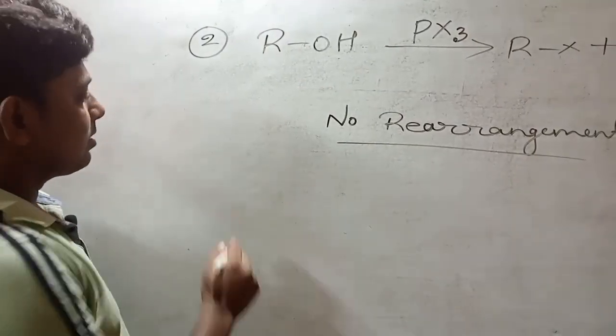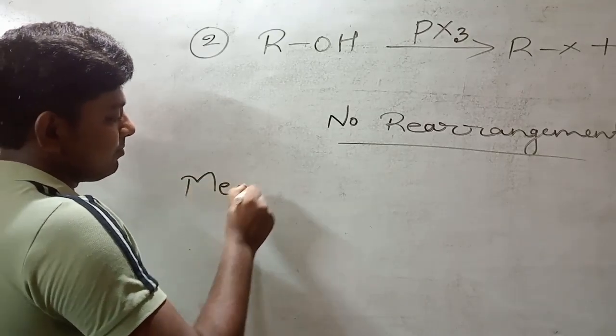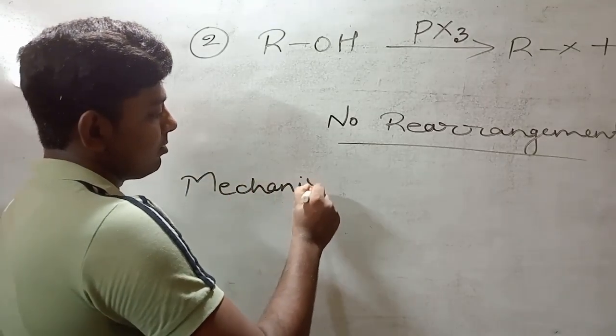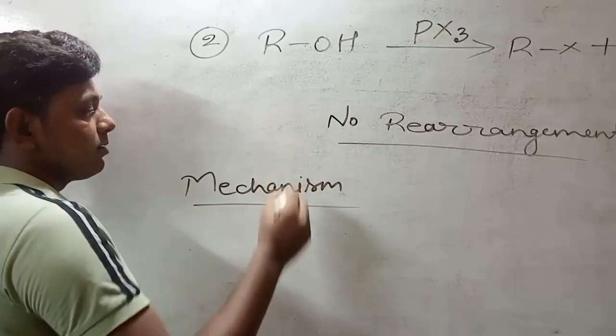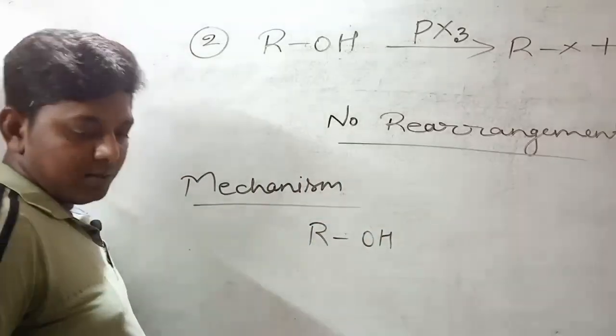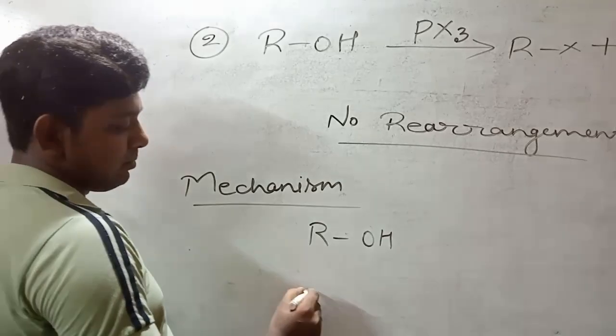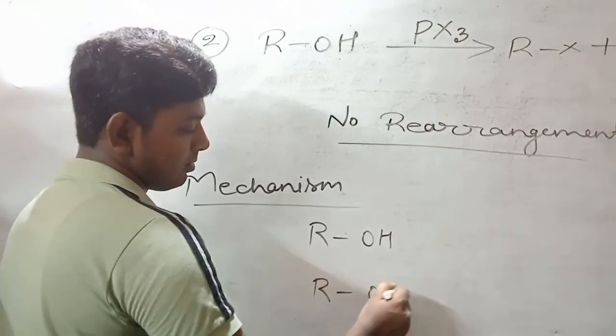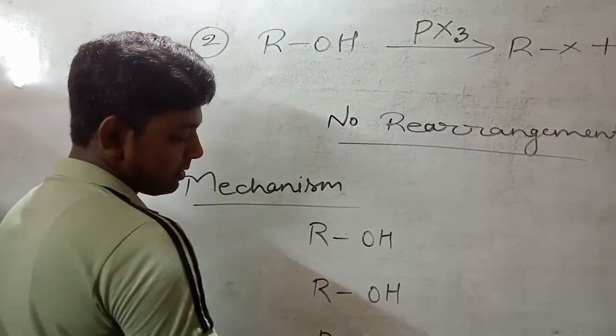So the reaction mechanism: ROH, here 3 moles of alcohol are required.